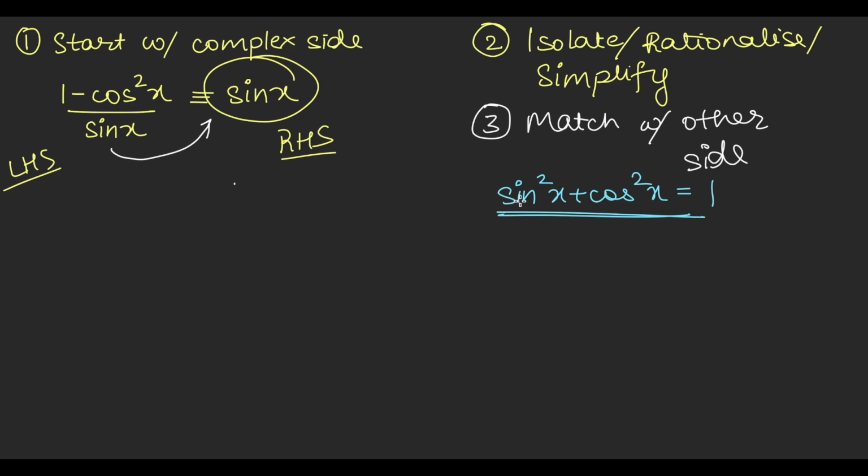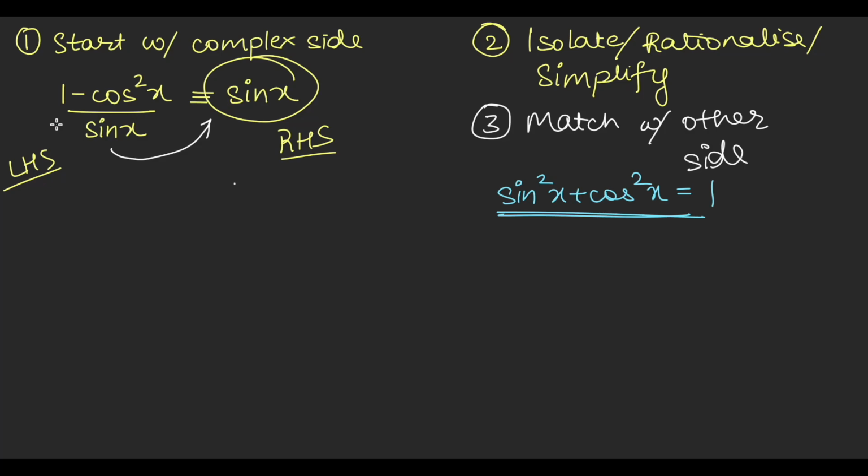If you don't know this identity, go back to the beginning of the video, have a look at the list of 7 identities that you must know before starting to prove trigonometric identities. Now here, you need to look for a pattern. In the question, I have a cos, but in the answer, which is my RHS, I only need a sin x. So I need to find some way where I can change my cos² x to a sin² x.